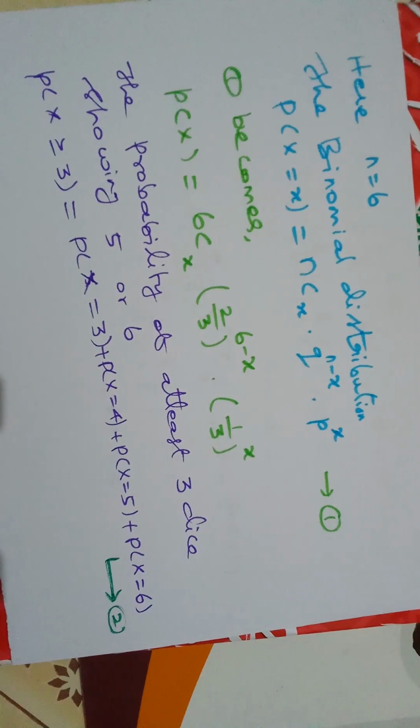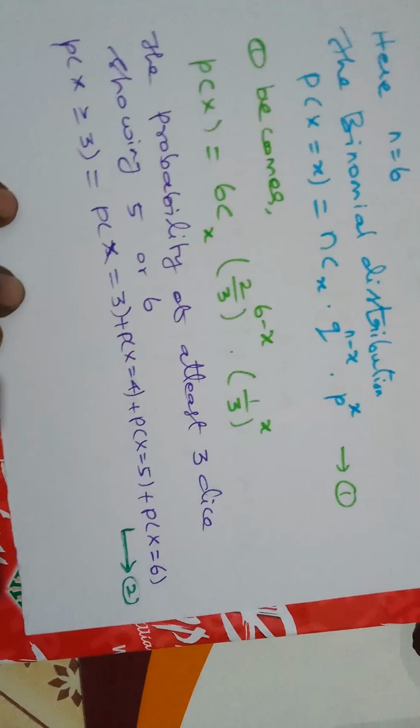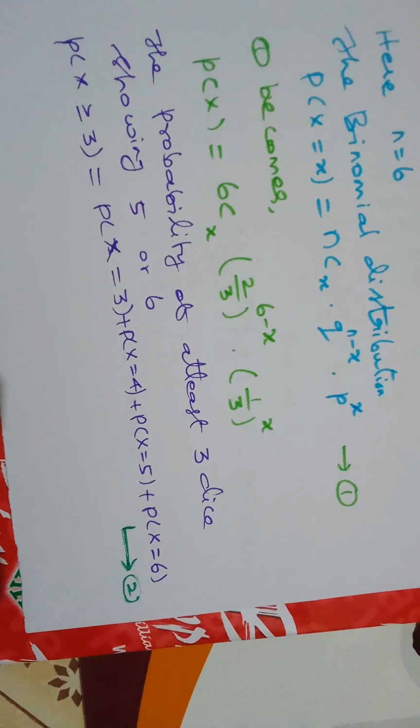Now P of x is equal to 6Cx, 2 by 3 power 6 minus x, 1 by 3 power x. The probability of at least 3 dice showing 5 or 6, so P of x greater than or equal to 3 is equal to P of 3 plus P of 4 plus P of 5 and P of 6. So this is very essential, that is equation number 2.